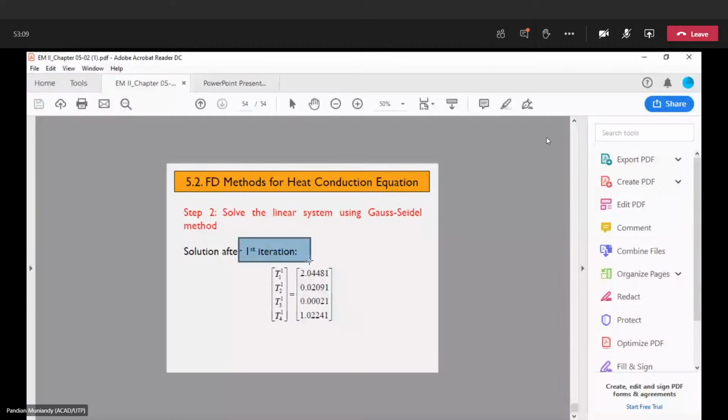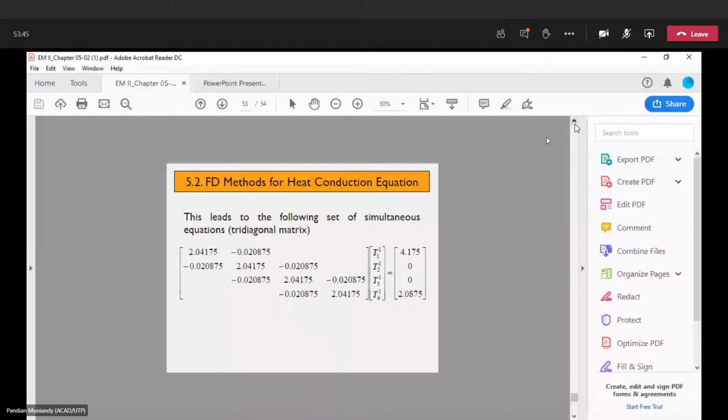First iteration, the T superscript 1 is the time at 0.1. If you want to find T superscript 2, then we move on to the next time, 0.2. But since we want to calculate T1 again, for the second iteration, like what you have done before, you go back to the slide.